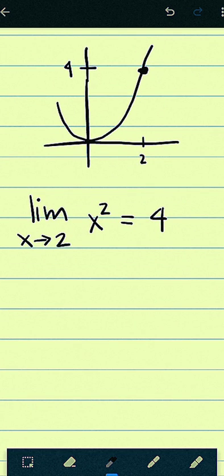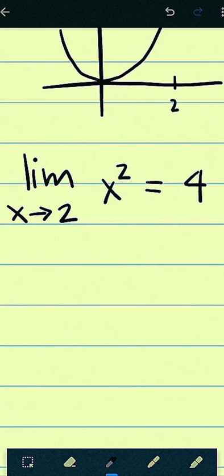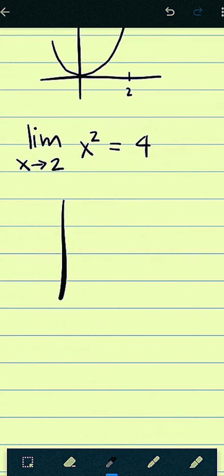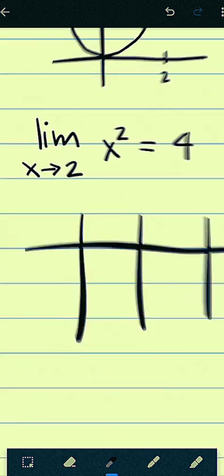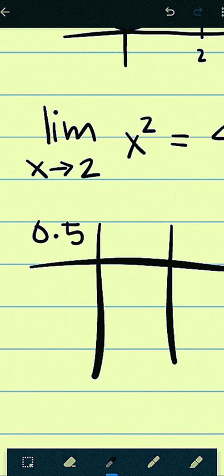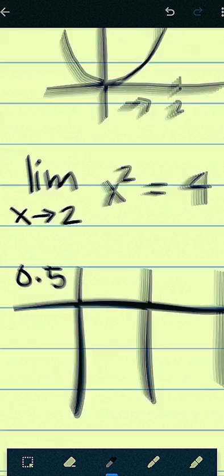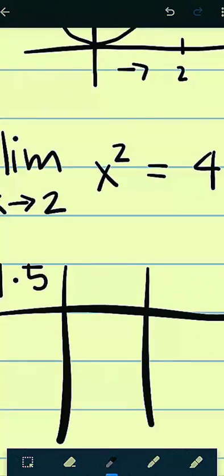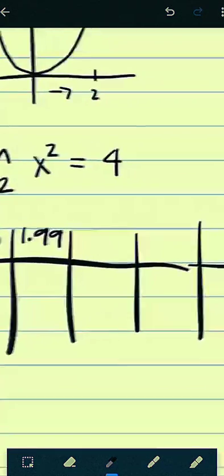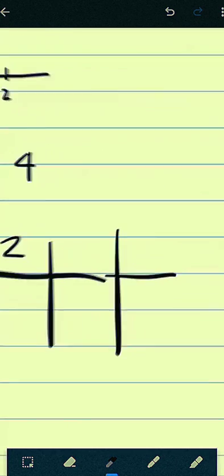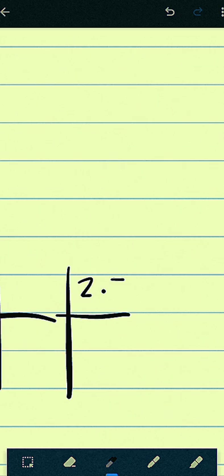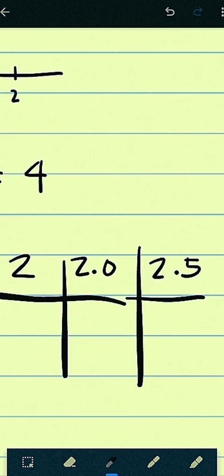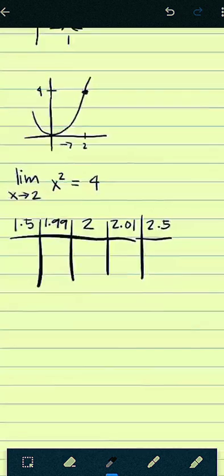So notice that if we plug in values very close to 2, let's say from the left, 0.5, 1.5, and then 1.99, then this is 2 right here, and from the right, from 2.5 to 2.01.